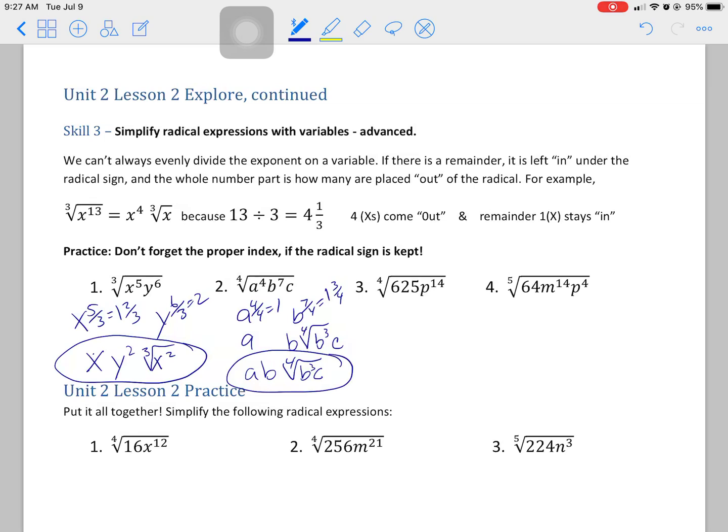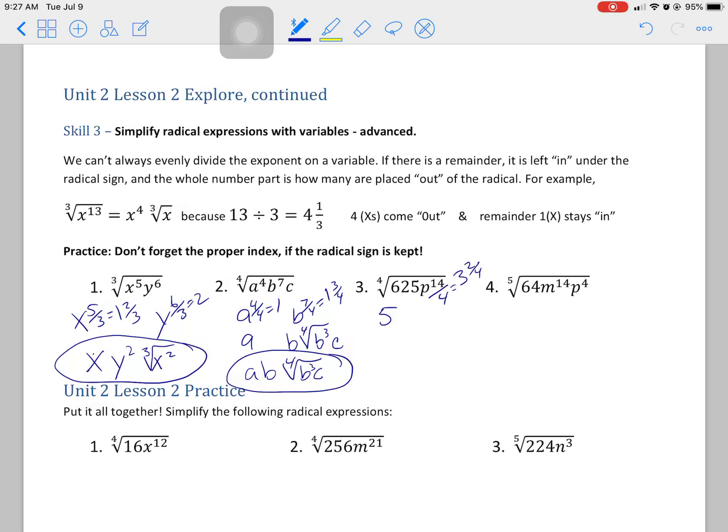Okay. 625 is a perfect 4th for 5. 14 divided by 4. Put in your calculator, you get 3 and something, right? 3 times 4 is 12. So that means there's 2 remainders. However you want to write the remainders is up to you.